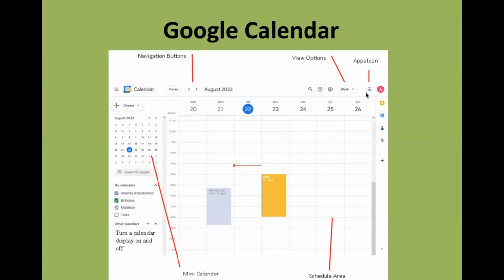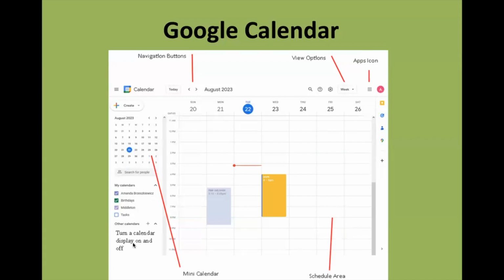Next to the view option button, you have, again, your apps icon menu button. Everything that is the rectangles in here is called the schedule area, so any of those spots you can schedule an event. Up on the left side here, we do have a little mini calendar that's showing you the month in a tiny view in case you need it.